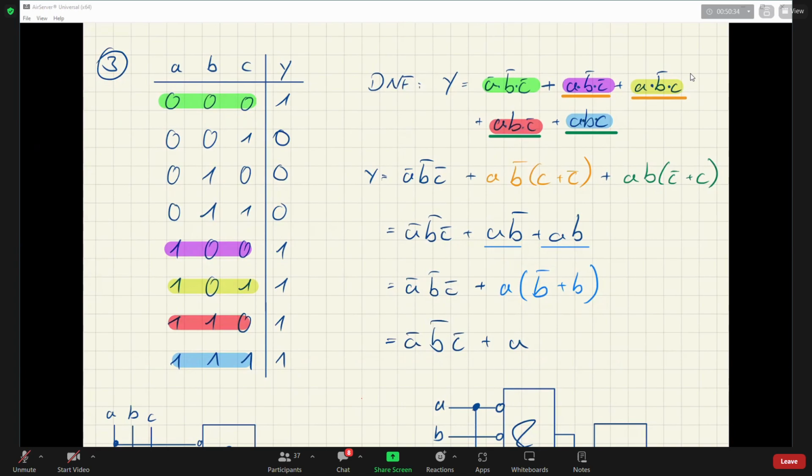And all the terms are connected with each other with an or. Because you see, it is one if A naught and B naught and C naught, or A, B naught, C naught, or A, B naught, C, or A, B, C naught, or A, B, C.